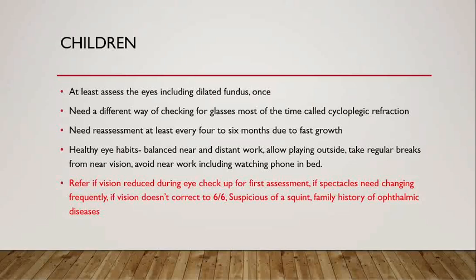Children can see very near things, whereas adults can't, and that ability is much greater in children. They grow very fast, and the refractive power also changes. It's important to instill healthy habits, but nowadays you'll see lots of children with refractive errors because they are more into devices because of the COVID restrictions of the past.